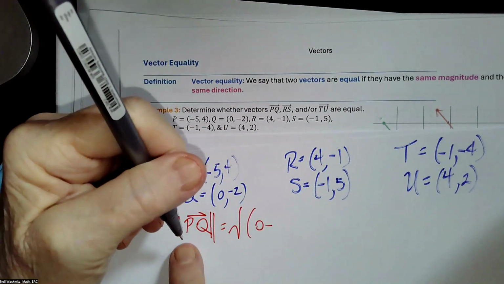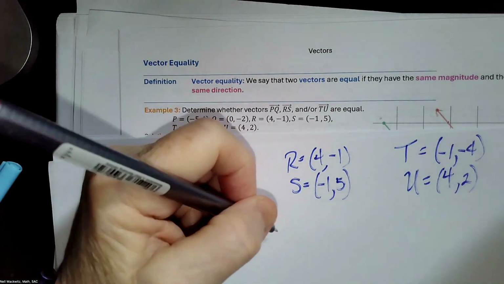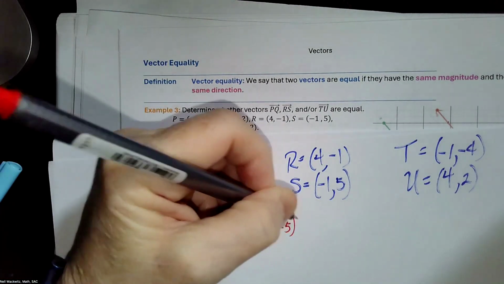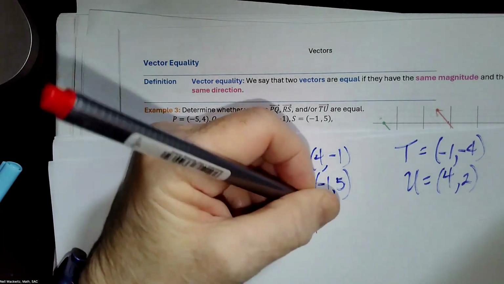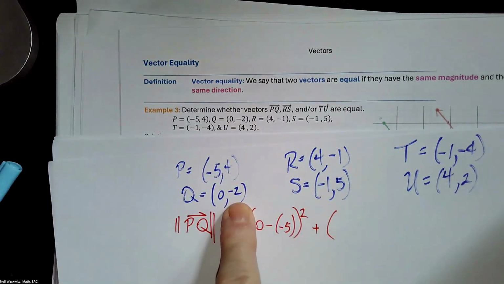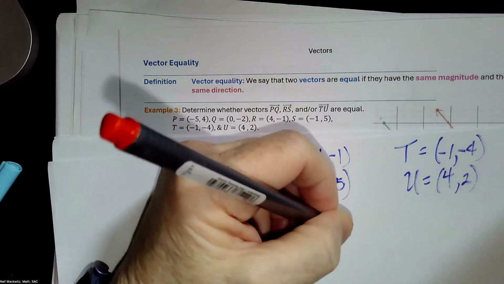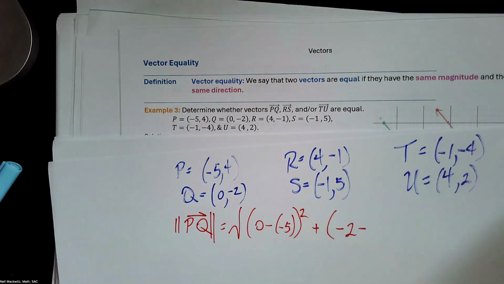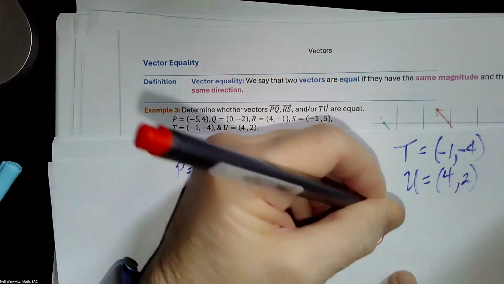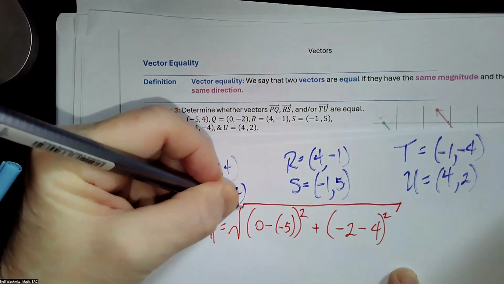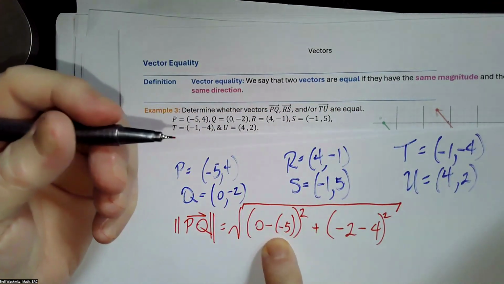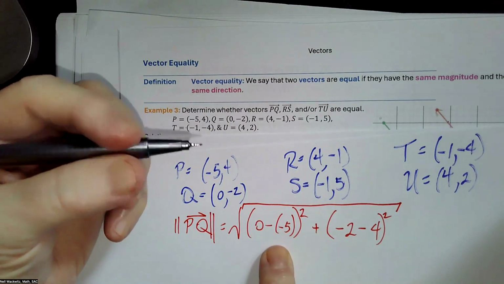X coordinate of P is negative 5. Y coordinate of Q is negative 2. Y coordinate of P is 4. Zero minus negative 5 is positive 5.